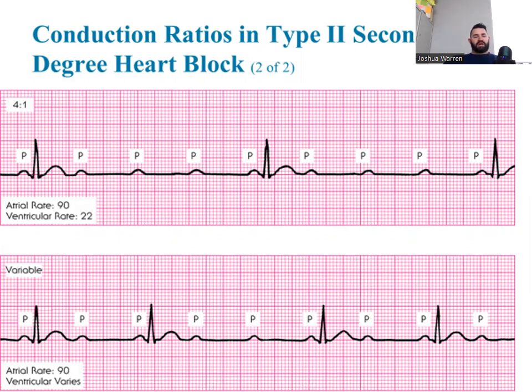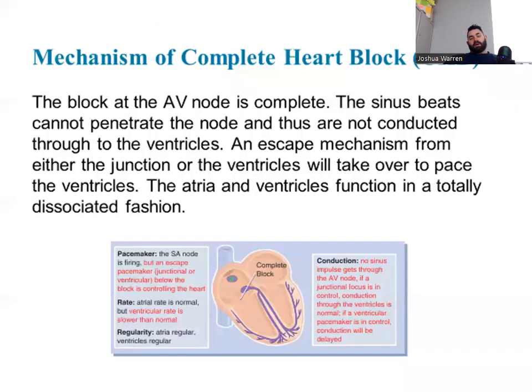So what we can see is that we have an atrial rate of 90 with a ventricular rate of about 22 to 30. That 6-second strip, look at it, about 30 beats a minute ventricularly. Do you think that patient is going to be well perfused? You think that they're going to be able to meet the metabolic demands of their body? That's a no.